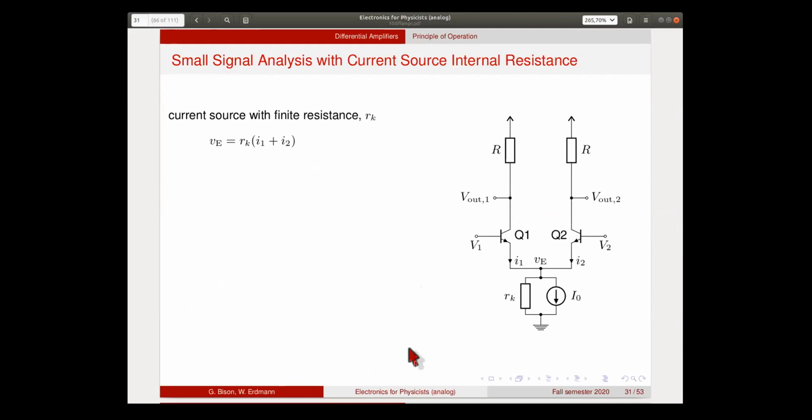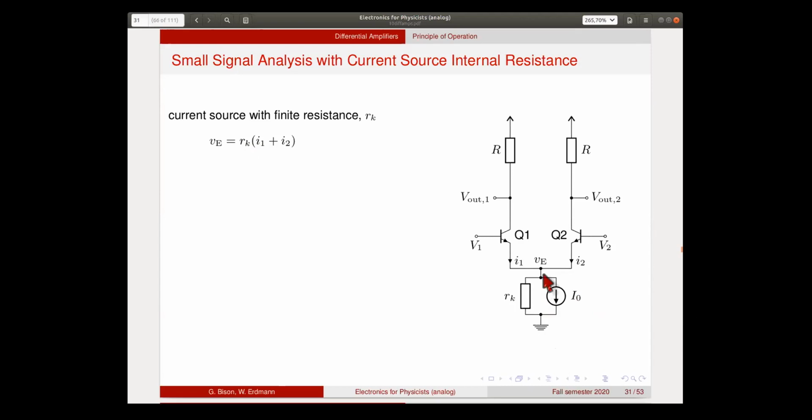Now we drop the assumption that our current source is perfect. So no current source in real life is, of course, perfect. They all have some finite resistance, which is modeled here by this parallel resistor RK, which is a differential resistance again.